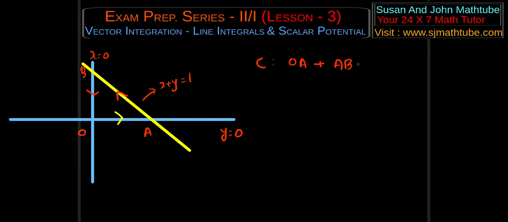Anti-clockwise. AB plus BO. In OA, y equal to 0, that means dy equal to 0 and x varies from 0 to 1. I hope you remember that intercept form. So at this point x will be 1 and at this point y will be equal to 1.